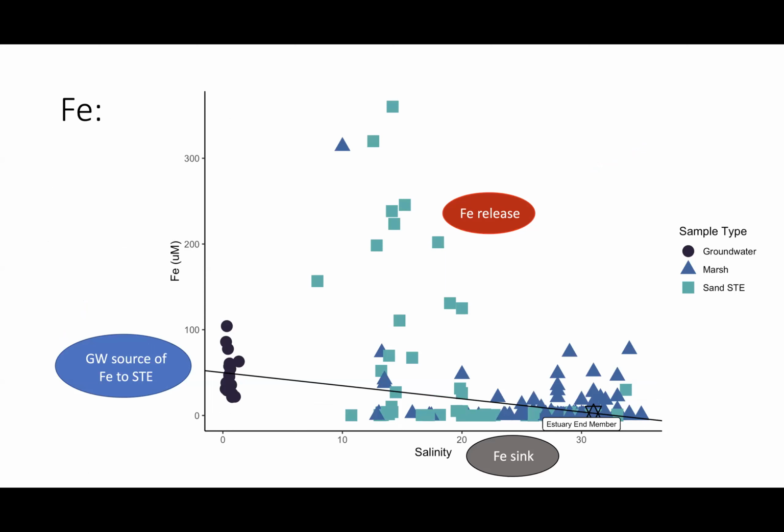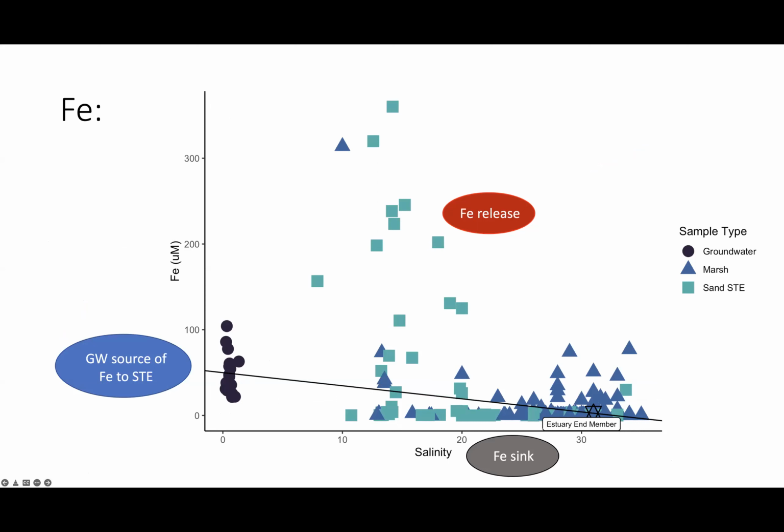So we're starting with iron. The first thing I'll note here is I've put in conservative mixing lines between the groundwater end member and then the estuary end member in all of these. I'm not showing you the actual estuary data, so we're not digging deep into how the surface concentration varies through time, because that's a whole other talk.